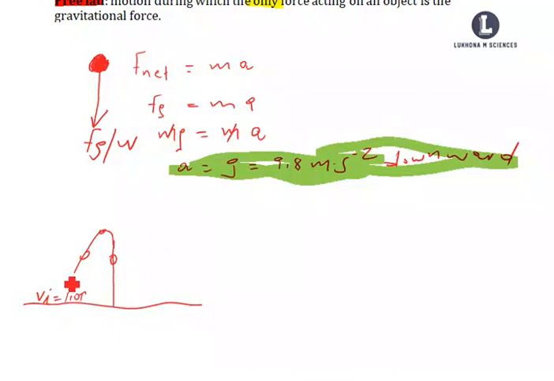What we need to know is that when it reaches the thrower's hand, it will still be moving with that velocity, which is 10, which means the velocity here will also be equal to 10 when it reaches the thrower's hand, but it's 10 downwards in this case. Then here there is a maximum point.